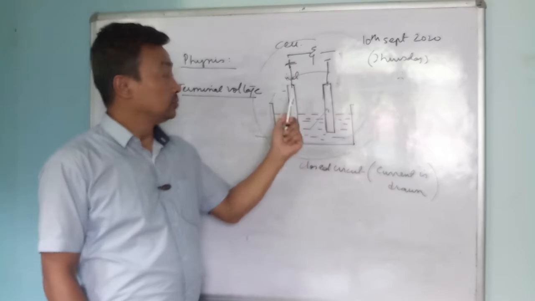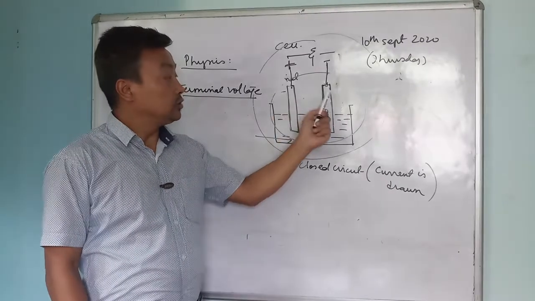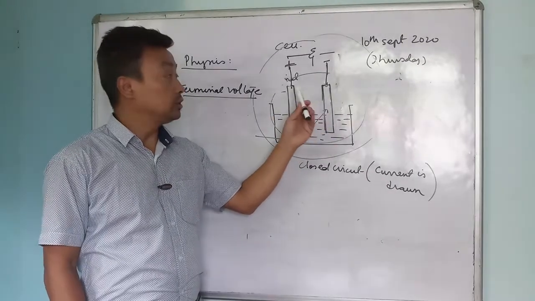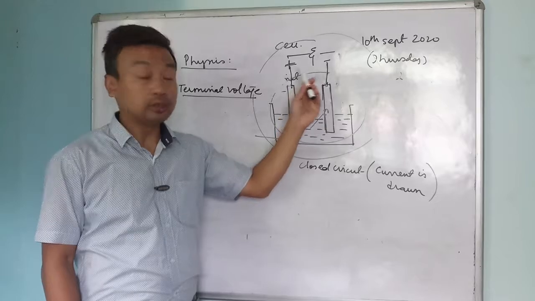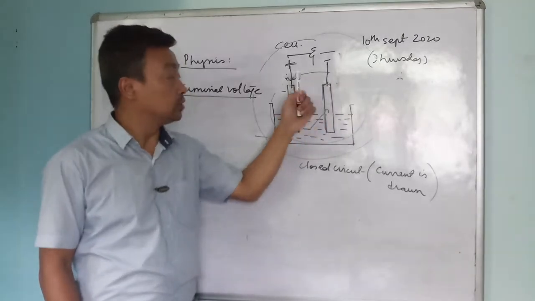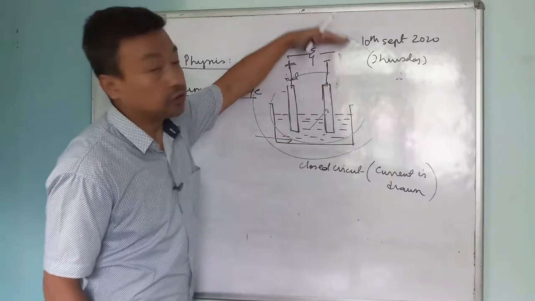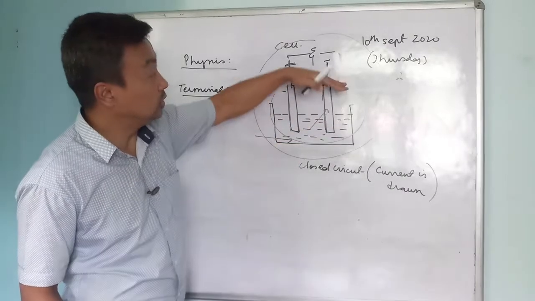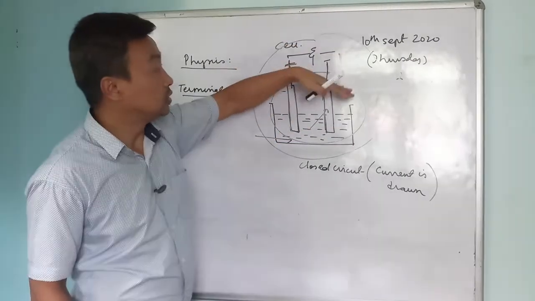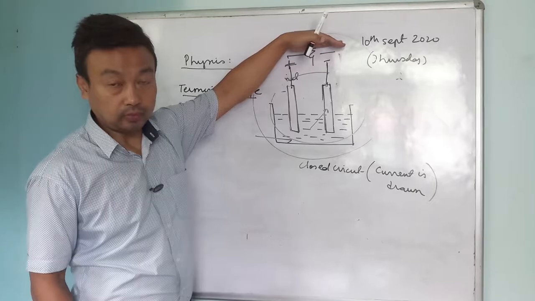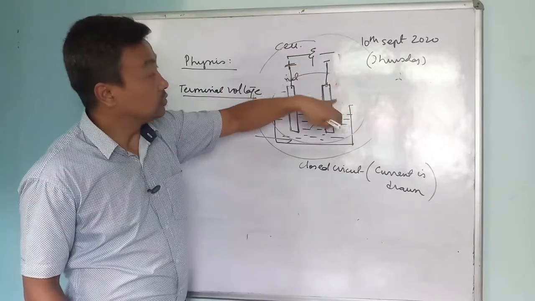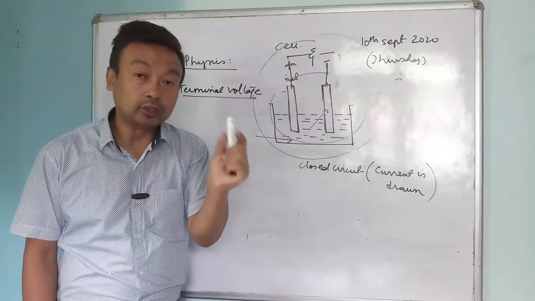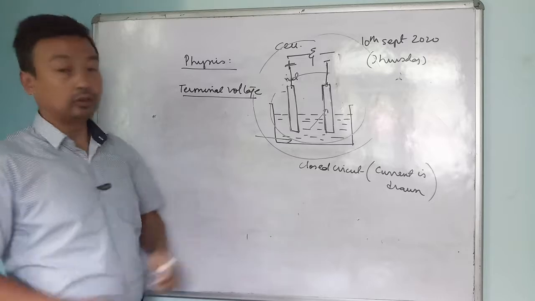Keep in mind that the current is drawn. When the current is drawn, whatever is the potential difference across the terminals, that means only in the external, outside, it is not talking of inside. So only the potential difference in the external circuit of the cell, that potential difference is known as the terminal voltage.